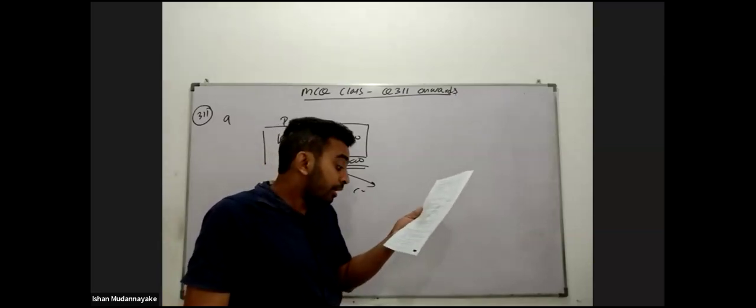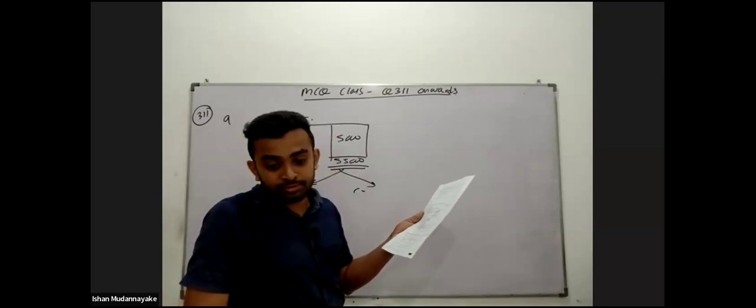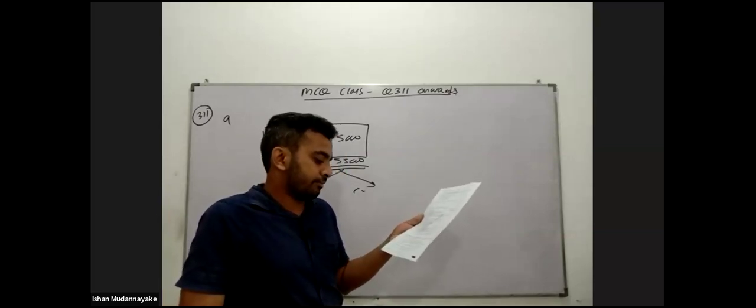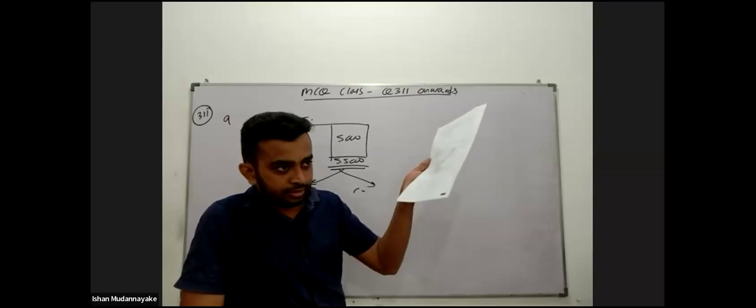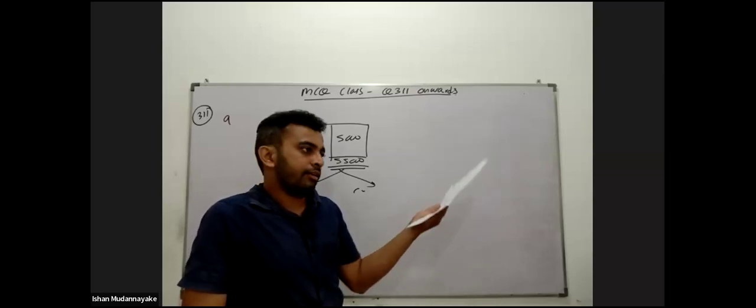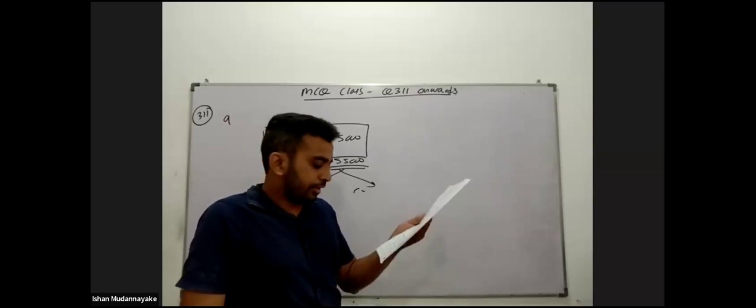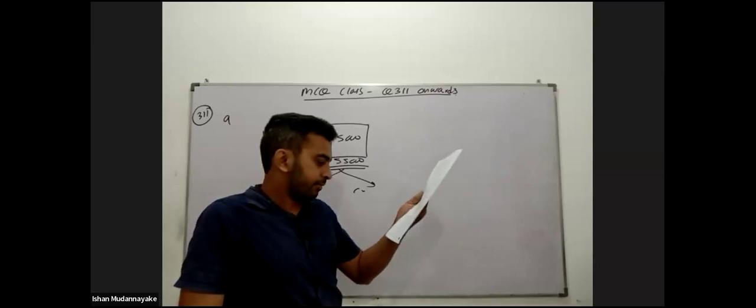Then double entries have been passed properly: debtors control account credit, sales account debit. The debit and credit have been passed properly, so no impact to the agreement of the trial balance.